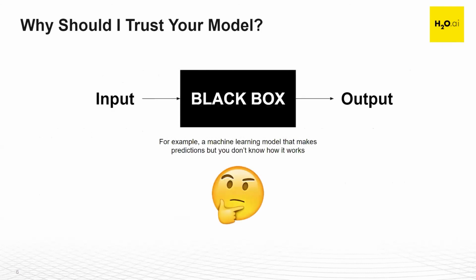We're trying to answer just one key question here: why should you trust my model? Many people nowadays see machine learning models as a black box system. You have inputs, like the features of the model. For a credit card example, it could be the age of the applicant or other details of the application. We feed them into a black box, and out come predictions, like whether we approve your credit card application or not.